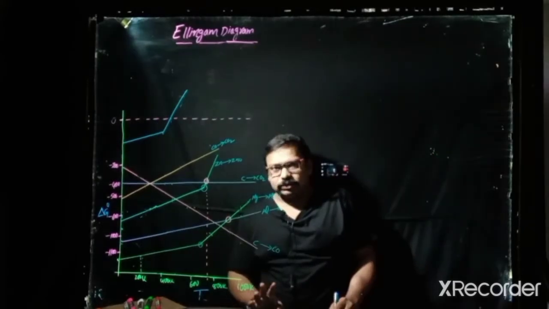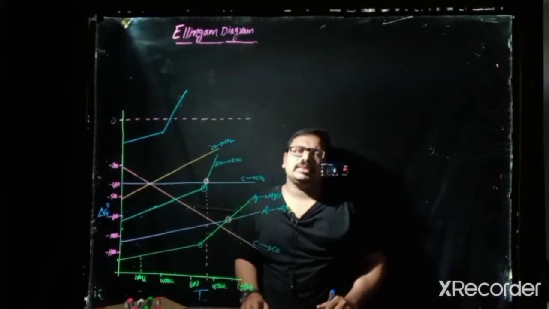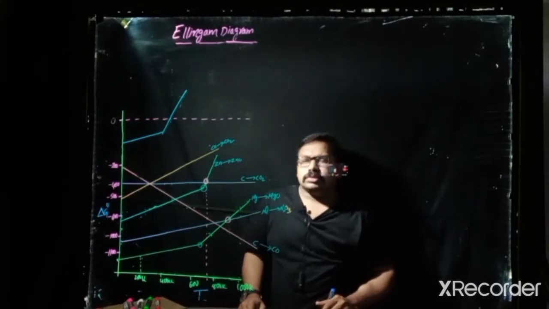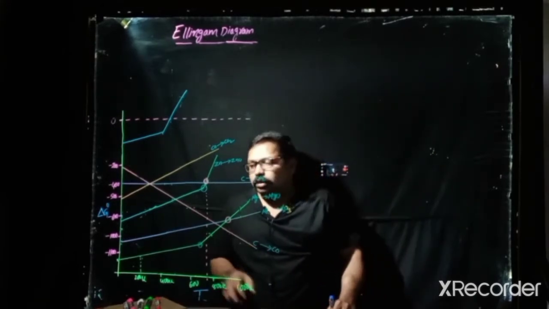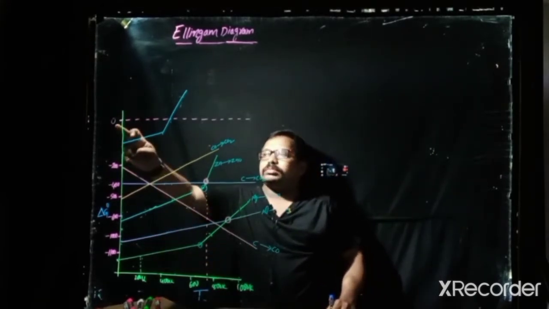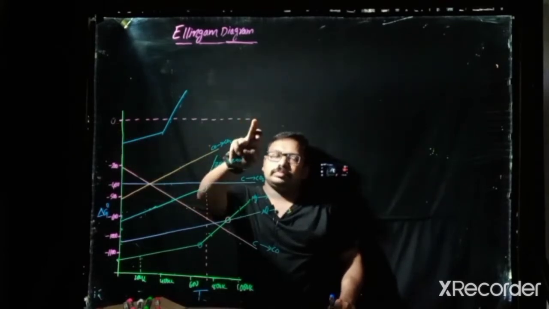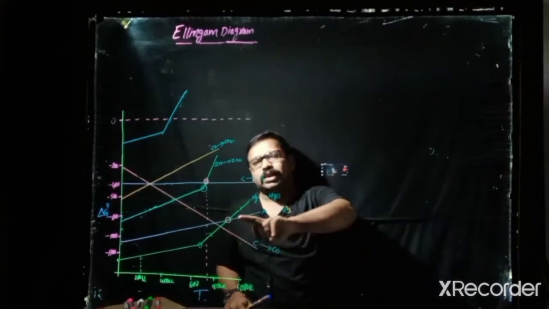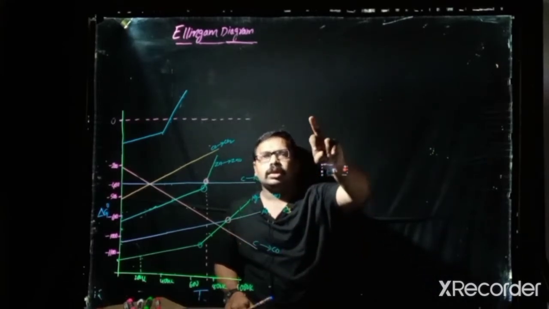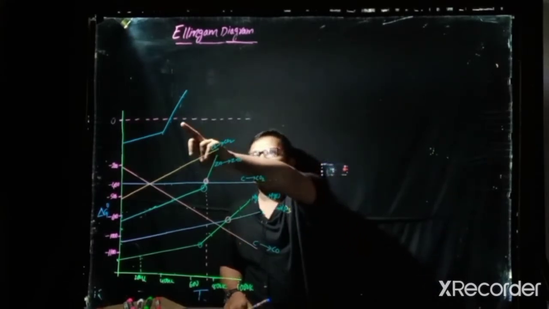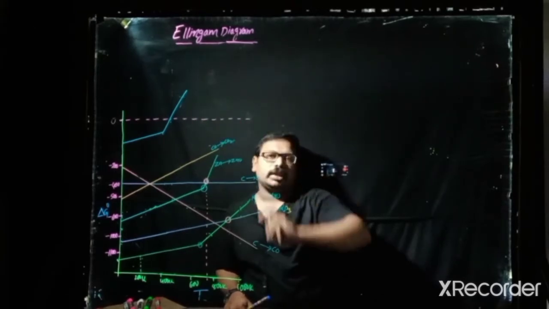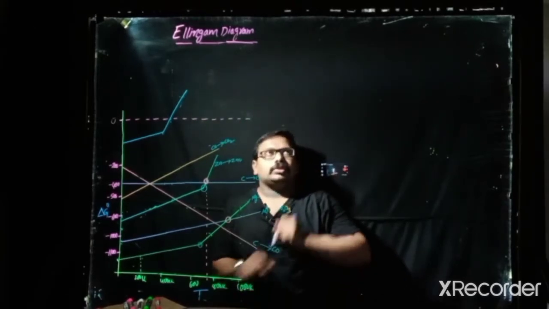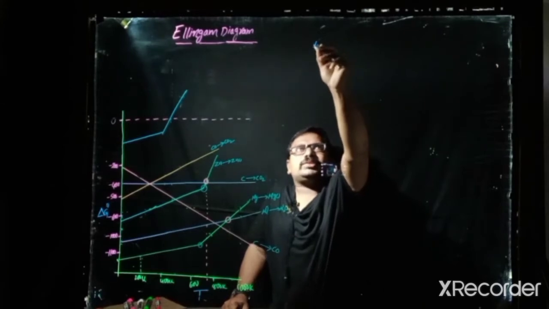Whenever the temperature increases, these slopes cross the delta G naught equal to 0 line at a certain temperature.